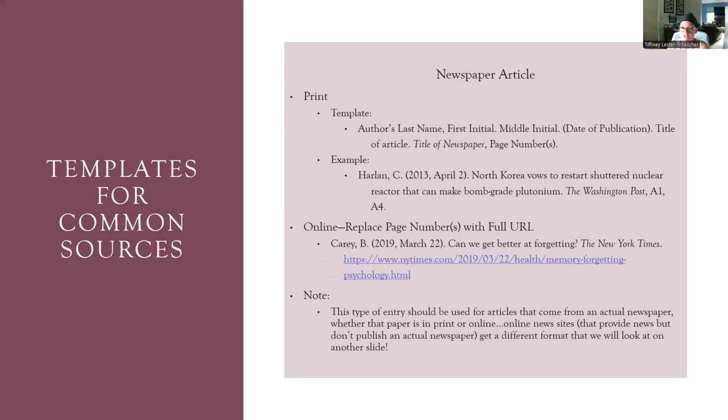They don't publish an actual newspaper, not online or in print, right? So this type of source entry is when it's an actual newspaper, whether it's an online newspaper or a print newspaper. There are ways to format source material that you get from a news site. We'll look at that in a little bit, right?